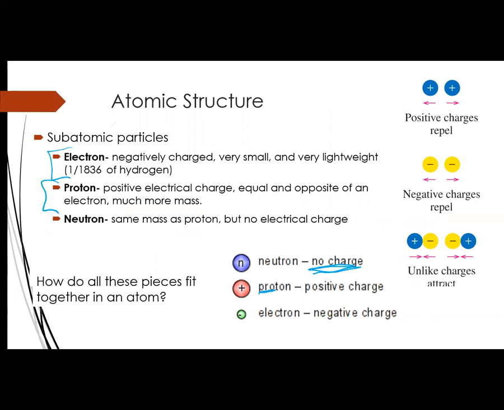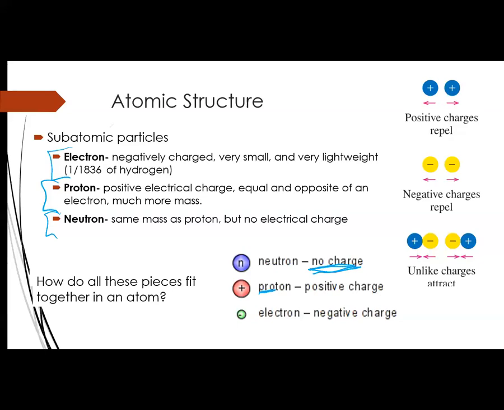So when we look at our three particles, we have electrons, protons, and neutrons. Now, electrons are very light. Their mass is 1/1836 that of a proton. They do have a negative charge. A proton, on the other hand, has a positive charge.